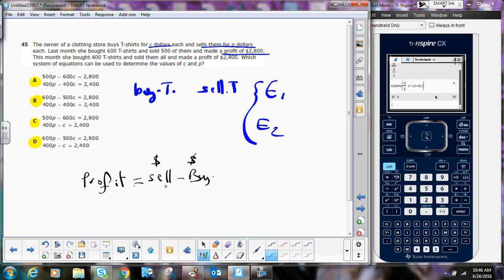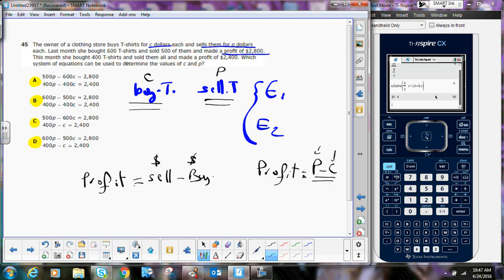The selling represents P, and the buying represents C. So the profit will be P minus C. What you sold minus what you bought. So P has to be in the front, and you're going to subtract the buying price.